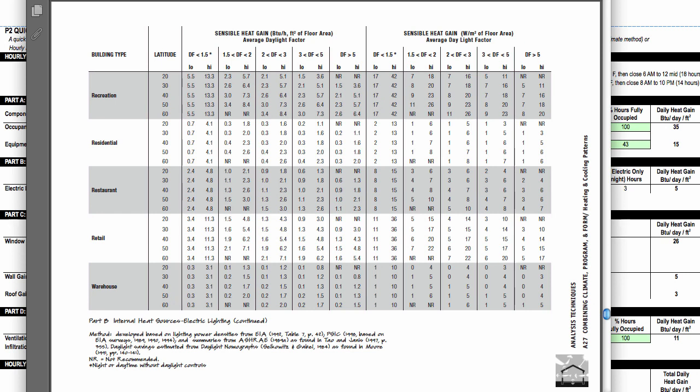And while we're here, let's record the gains for electric lighting with no daylight, which is actually the rate that we'll use for nighttime lighting. So let's look at daylight factor less than 1.5% in this column, and we find the rate is 0.7 to 4.1 for very efficient down to average lighting. So I'll split the difference again and call it 2.5.